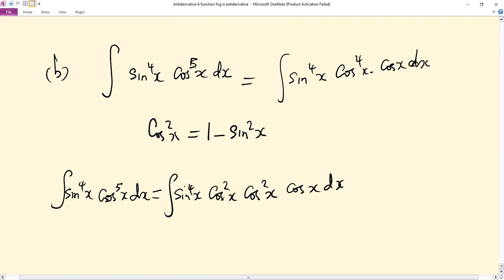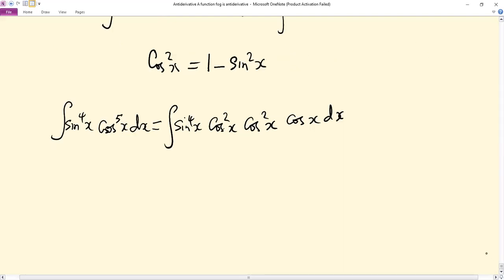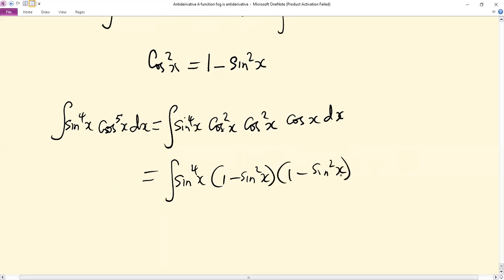There's nothing I've changed. And where there's cos squared, I replace it by 1 minus sine squared. So I'll have the integral of sine power 4x times 1 minus sine squared x times 1 minus sine squared x and then cos x dx.